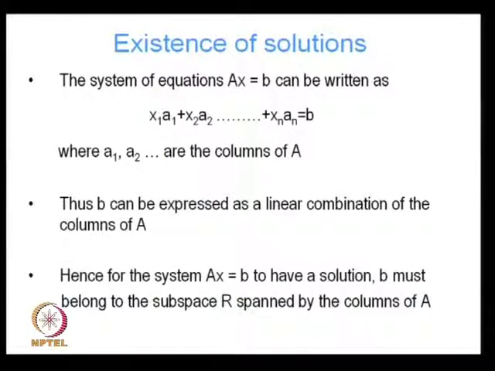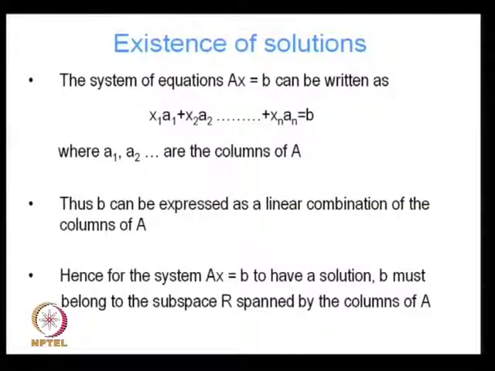which again makes it obvious that if the system Ax is equal to b is to have a solution, b must belong to the subspace R spanned by the columns of A, because recall that x1 a1 plus x2 a2 plus xn an is equal to b, which basically means that b is a linear combination of a1, a2 through an. x1, x2 through xn are just the scalar multiples.